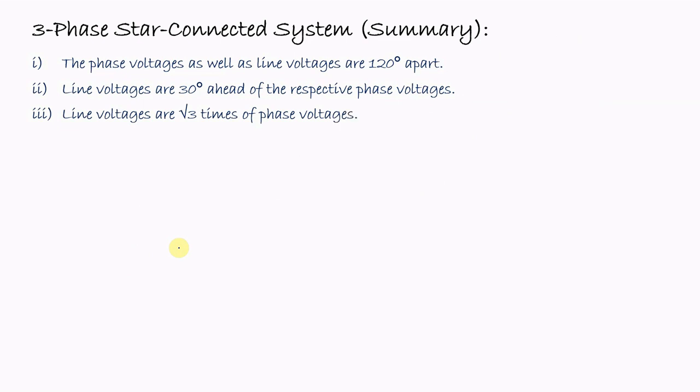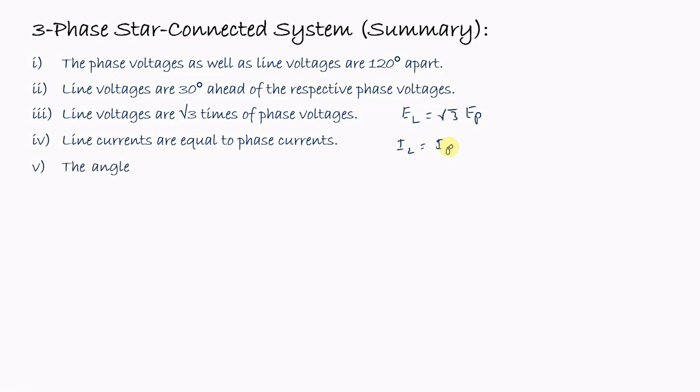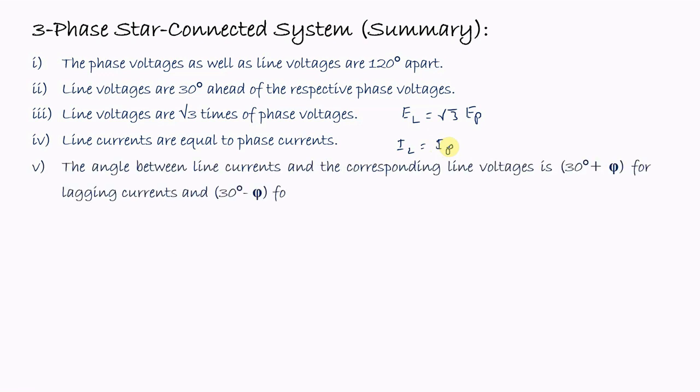Line voltages are root 3 times the phase voltages, that we have already seen. And the line currents are equal to the phase current, that is IL is equal to I phase. The angle between the line current and the corresponding line voltage is 30 plus phi for lagging currents and 30 minus phi for leading currents.